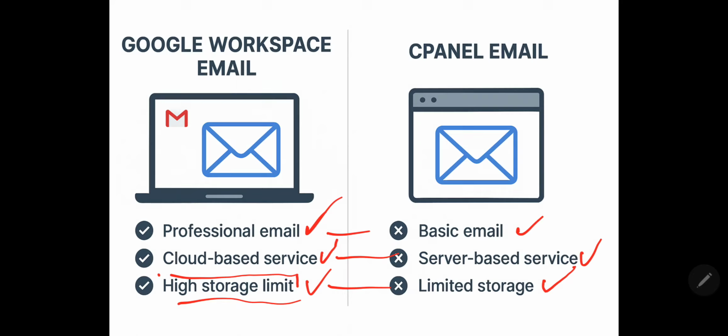Example scenario: you log into domain.com/webmail. The interface is limited, search is slow, spam filter is basic, attachment upload or download is slower. Email sometimes gets flagged as spam because server reputation is weak.